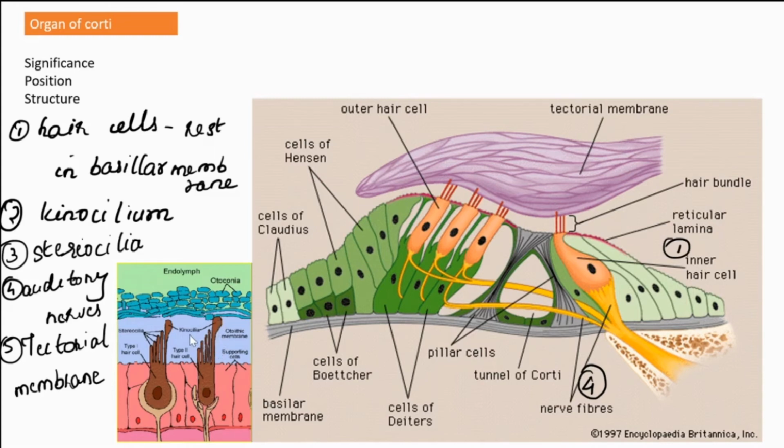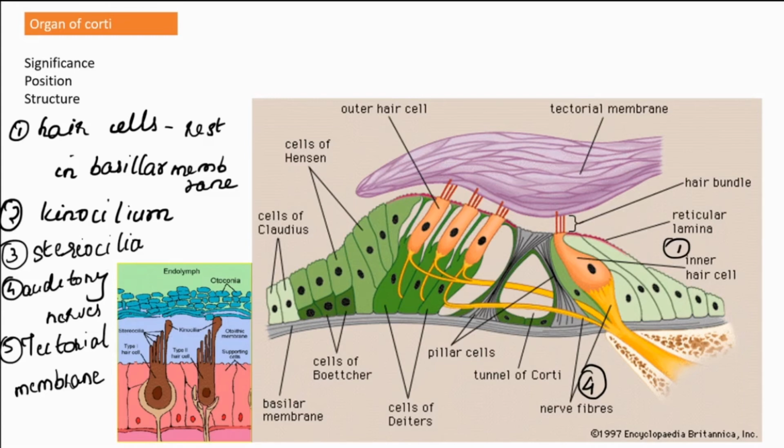Here we can see kinocilia. And also some microvilli, smaller villi, we can see. These microvilli are called stereocilia, or stereocilium.